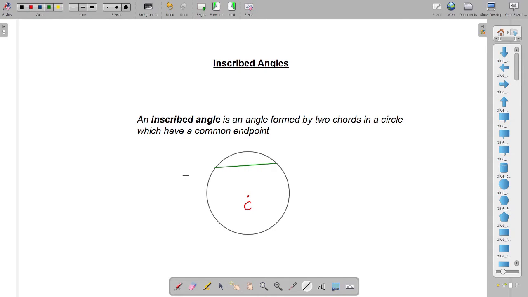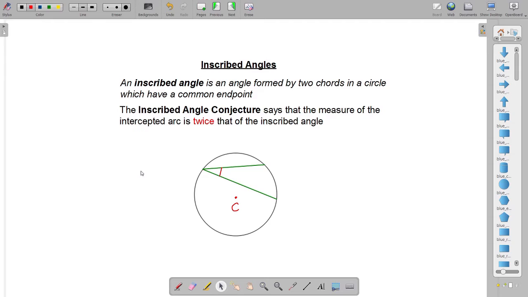A chord is just a line segment that has both endpoints on the circle. So here is a chord, and then here to here is a chord. This angle that they form is an inscribed angle.